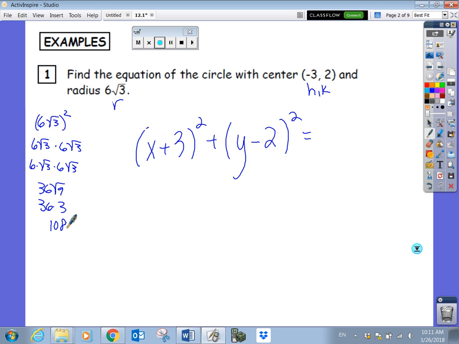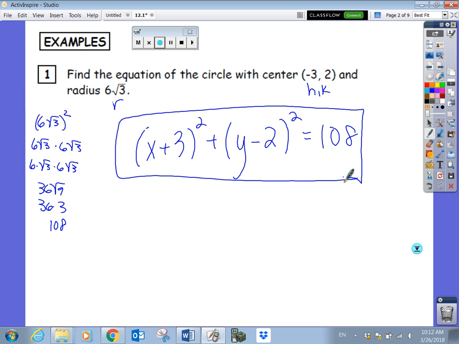Whenever you square something that's in parentheses, whatever is in the parentheses is what you're multiplying by itself. You're not distributing anything. I mean, you could consider that distributed: 6 squared, root 3 squared, because there's not a plus sign. If that was 6 plus root 3, then it would be 6 plus root 3 times 6 plus root 3. So multiplying and adding and subtracting is completely different. So then this equals 108, and there is your answer.